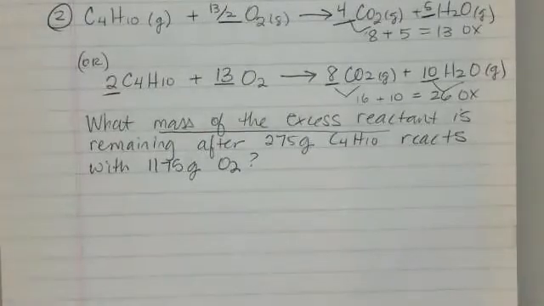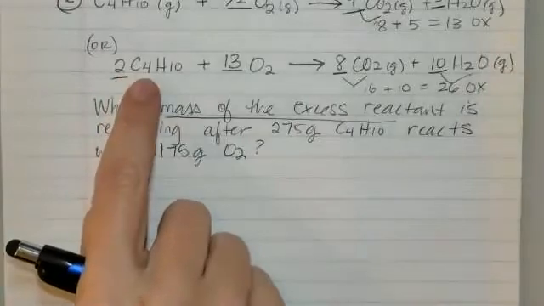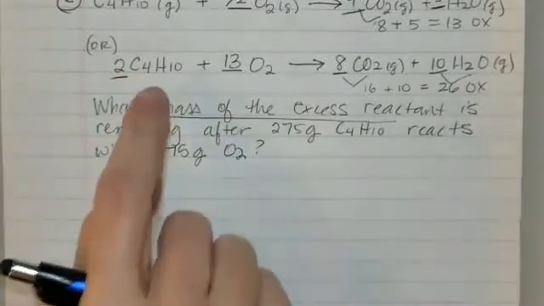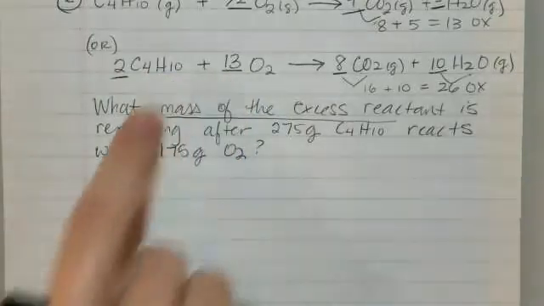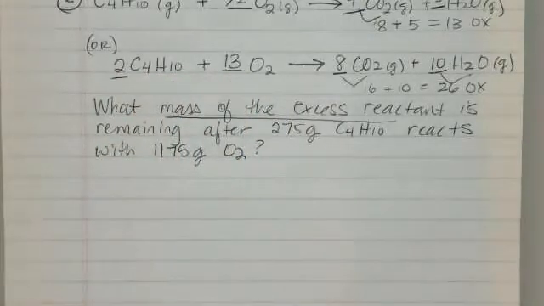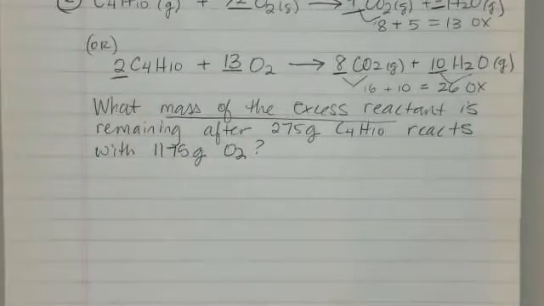What I kind of do here, and sometimes you get lucky, sometimes you don't, is I'll take my butane and I will figure out how much O2 I need to make that reaction work at 100%. Now, that's not necessarily the best way to do it. The best way probably is to just take the time and figure out which one is limiting first, right? Because otherwise you may get confused and have to calculate a different calculation.